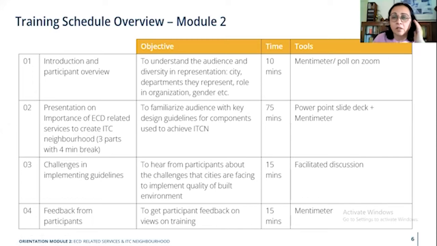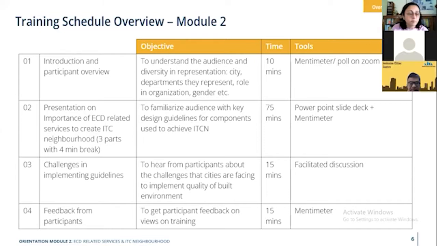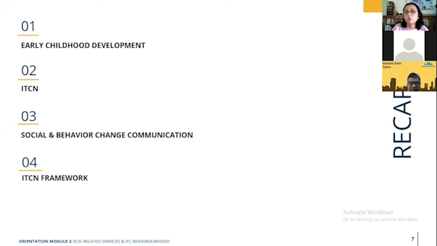Secondly, you have components discussed और आज आप जो हम बात कर रहे हैं वो है ITC services, infant toddler caregiver services. So इसके बारे में there is a possibility that you can discuss. Third part would be discussing the challenges of implementing some of the guidelines. So we will look at some guidelines of implementing the infant toddler caregiver neighborhood. So this is how this 90 minutes, 2 hours can be structured.